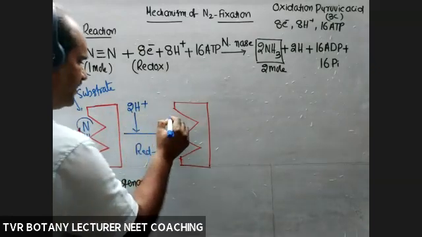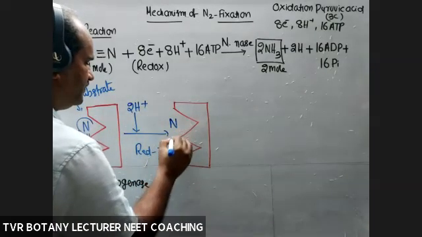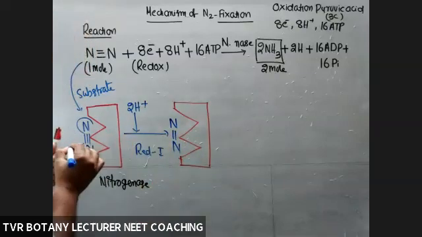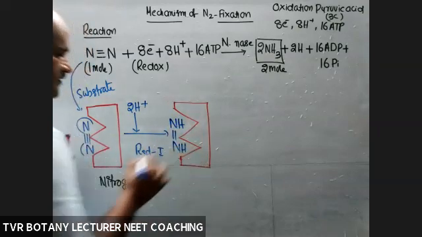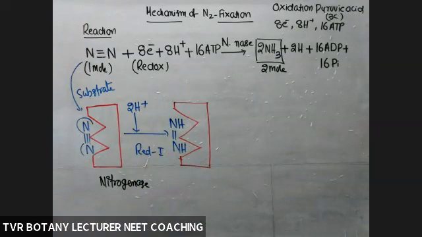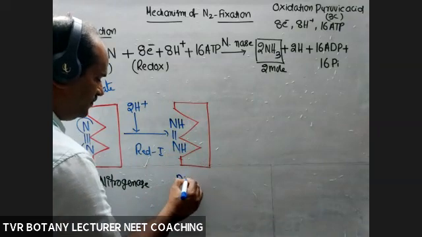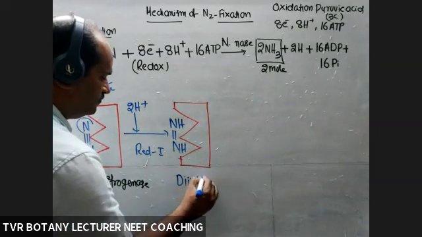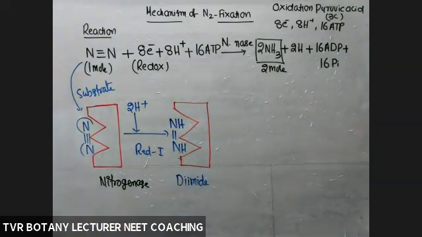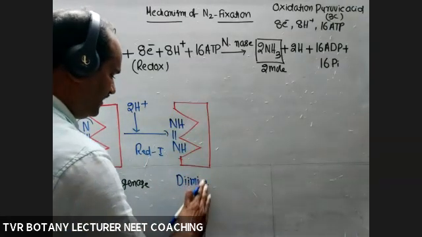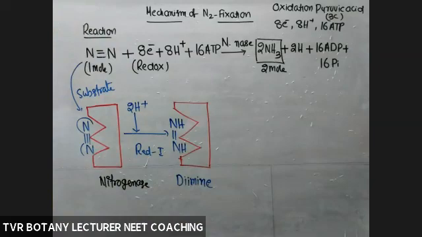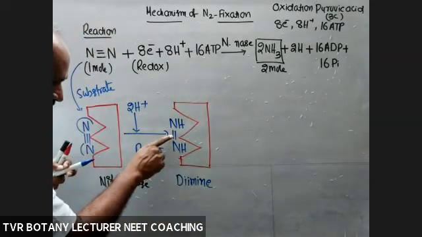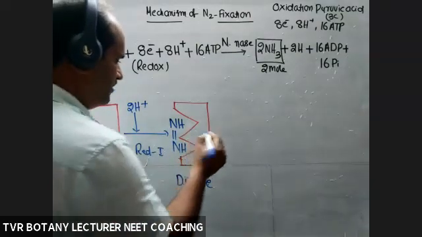Now N with two covalent bonds with H: NH double bond NH. This is diimine. Now how many bonds between the nitrogens? 2 only.